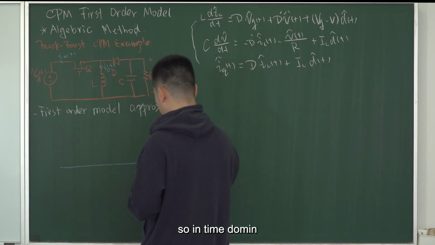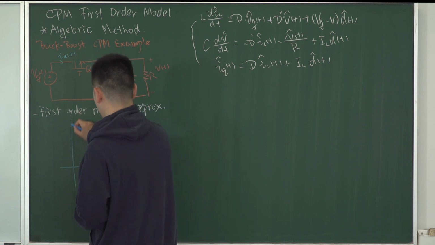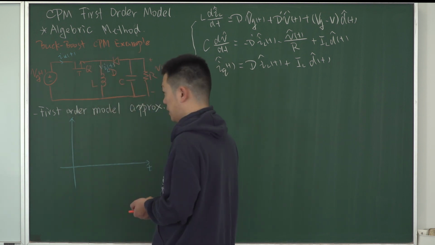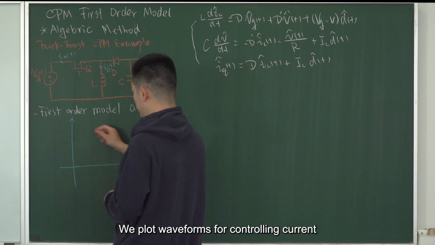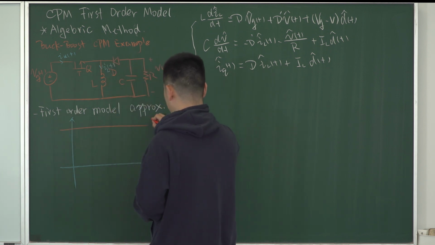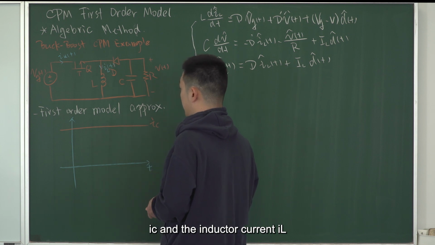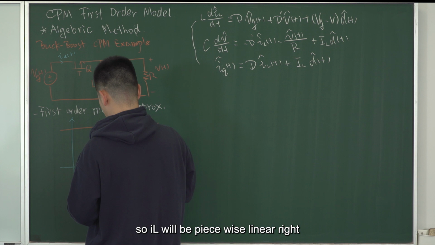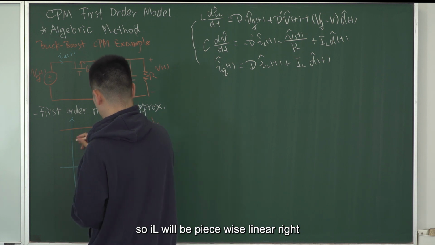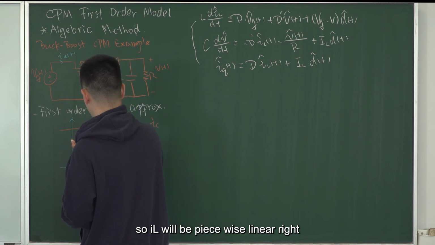In the time domain, we plot the waveforms for the controlling current, IC, and the inductor current IL. IL will be piecewise linear.